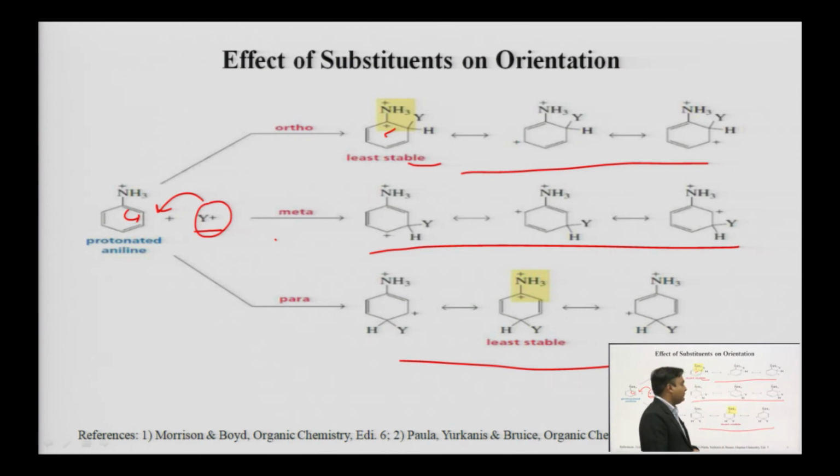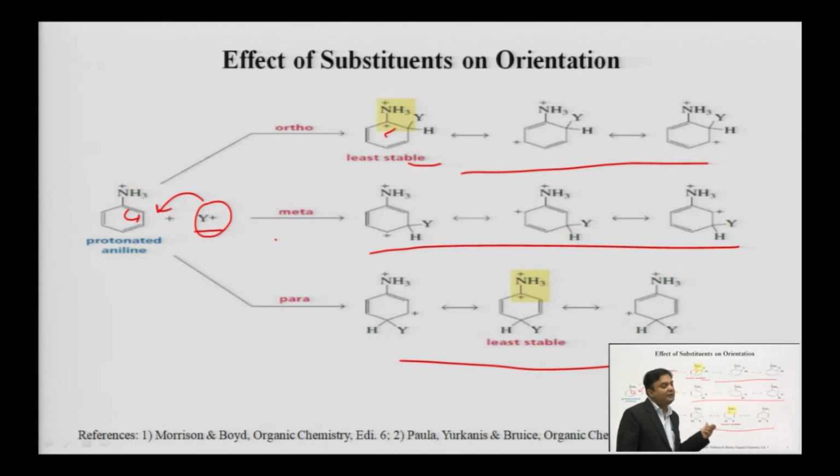On comparison we will know that the overall stability of the carbocation intermediate resulting from ortho and para substitution is less than the carbocation originating from meta substitution, because of the presence of a resonating structure which has a positive charge on the nitrogen as well as the carbon directly joined with the nitrogen. Okay. So, because of that, stability gets reduced.